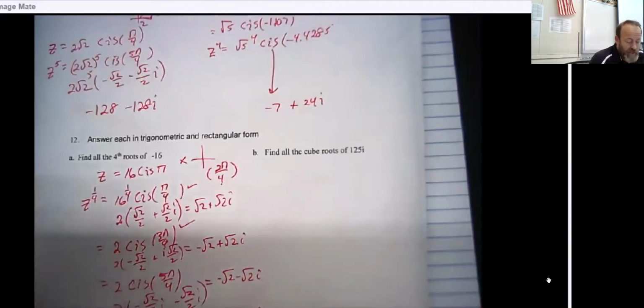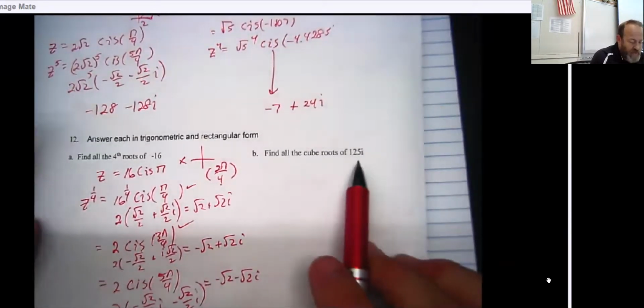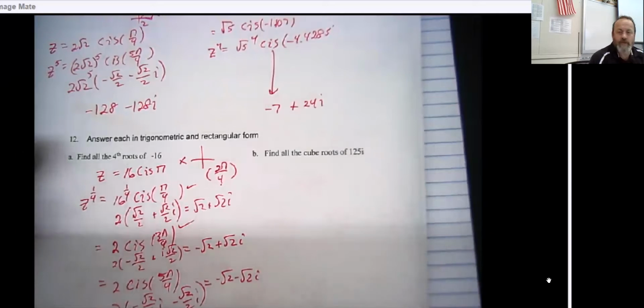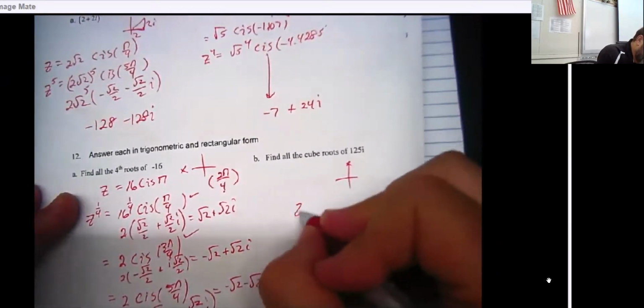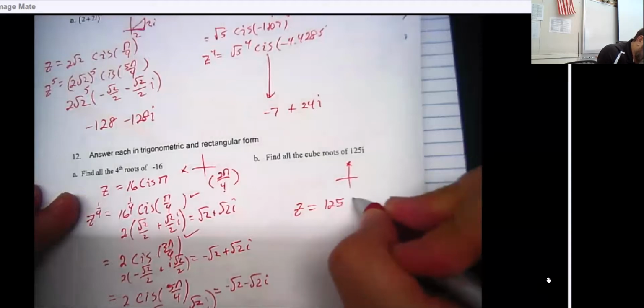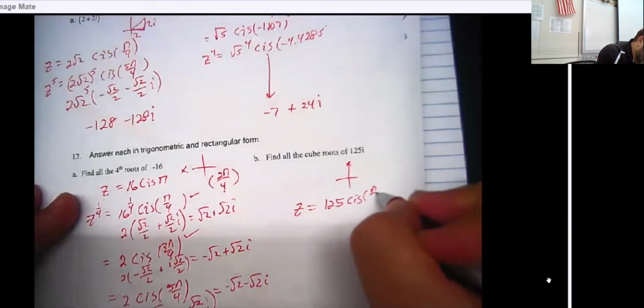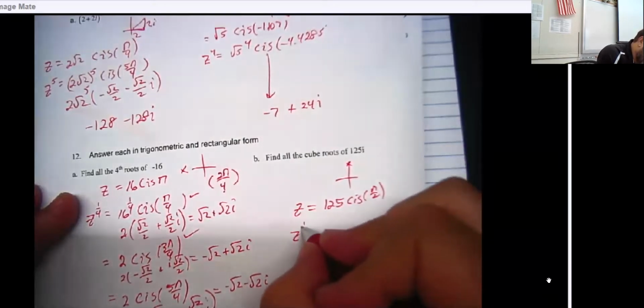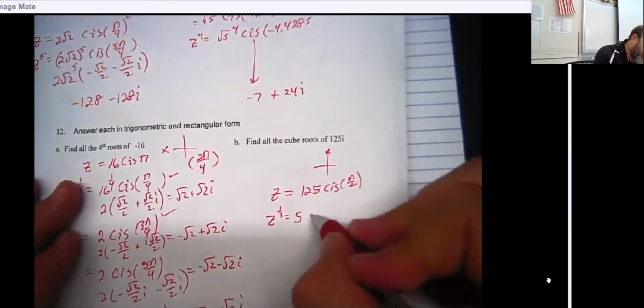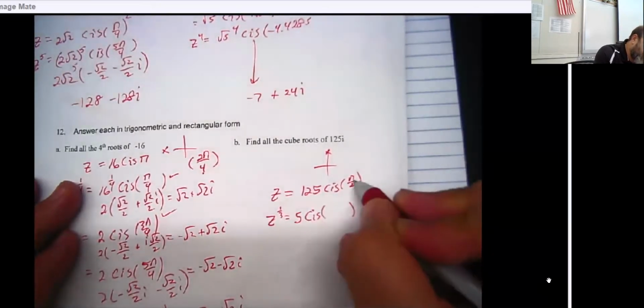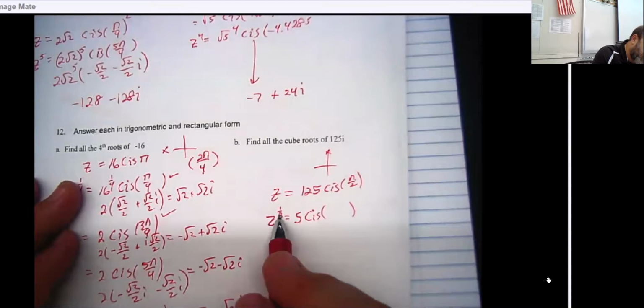And then my last problem is kind of a weird one. How do you find the roots of 125i? Again, 125i is up here. So if I think of 125 units at the angle pi over 2, if I want to find the cube root, I take the cube root of the front value, 5, and multiply pi over 2 by the fraction 1/3.